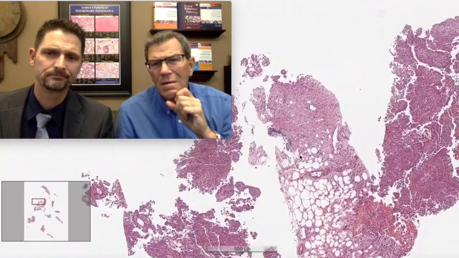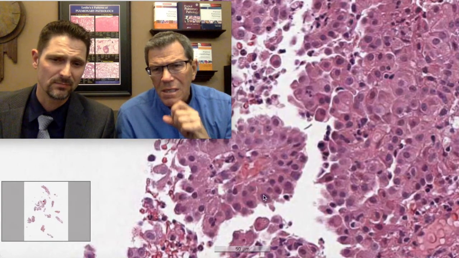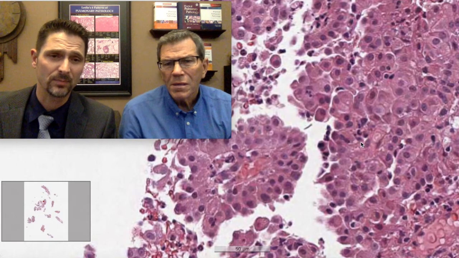Here's some interesting stroma here that has a lot of edema, and here's a few cells percolating underneath within the stroma. I'm getting pretty concerned about this proliferation here. And maybe some areas of more significant atypia too.